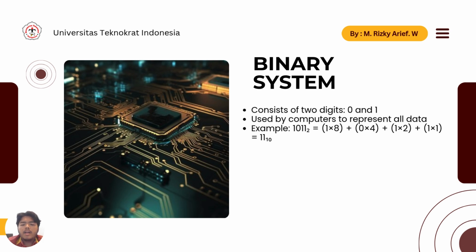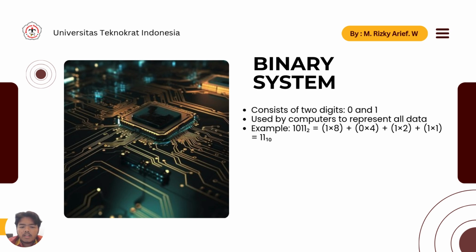Next, binary system. The binary system, also known as base 2, consists of only two digits, 0 and 1. Every piece of information that a computer processes, whether it's text, image, or sound, is represented in binary form. That's because computers work using electronic signals, which can be either on or off, just like the digits 1 and 0.